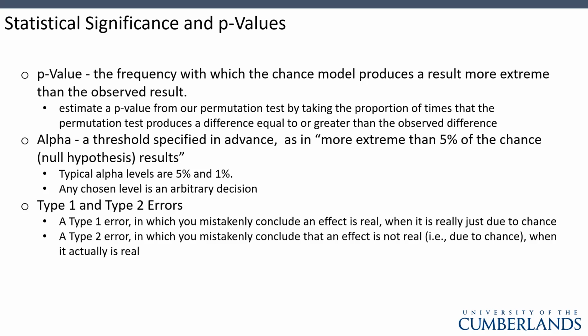The alpha is the threshold. A type 1 error is when you mistakenly conclude an effect is real when it is really just due to chance. The type 2 error is when you mistakenly conclude that an effect is not real when it actually is real.